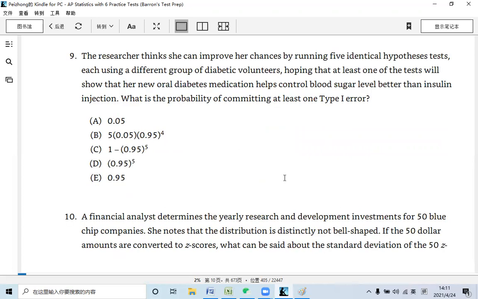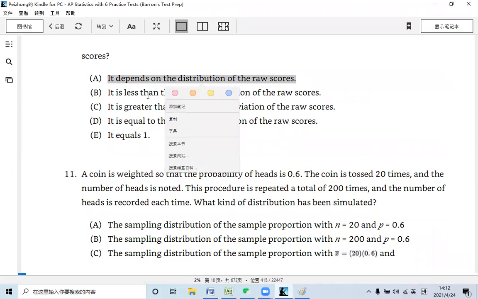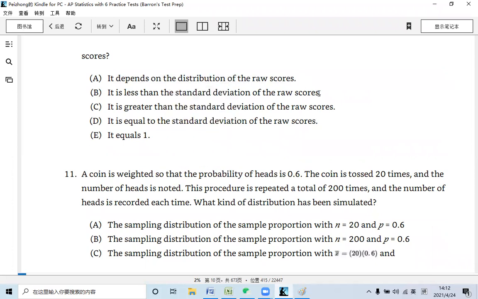They are not really normally distributed. The standard deviation depends on the distribution of raw scores. Is it less than the standard deviation of the raw scores? You are converting to z-scores, right?